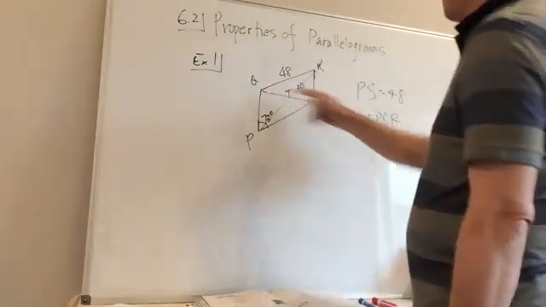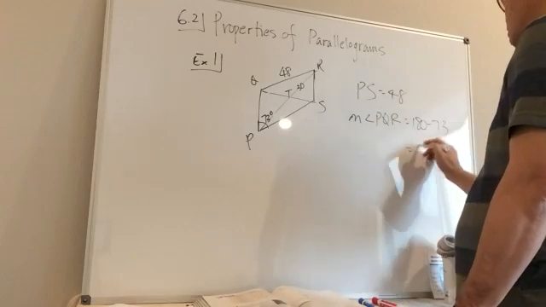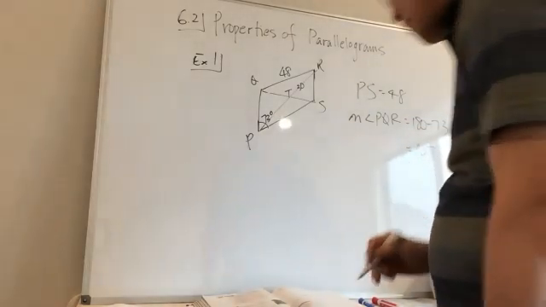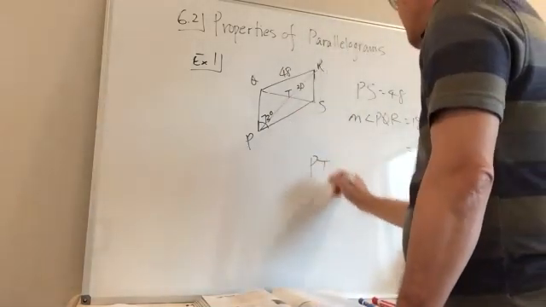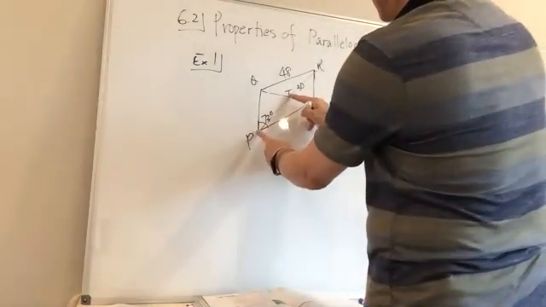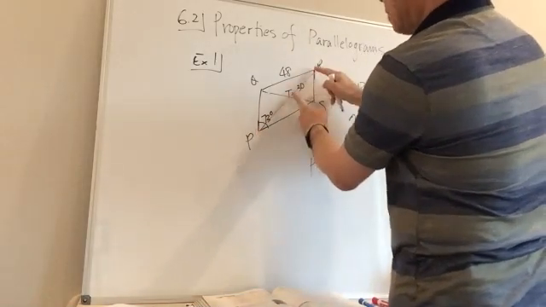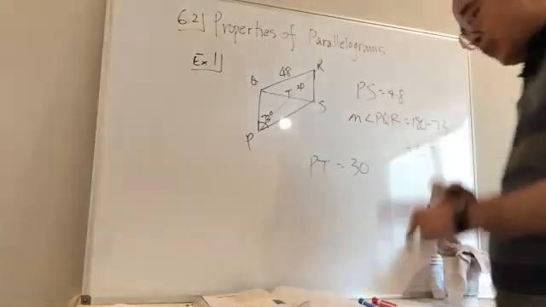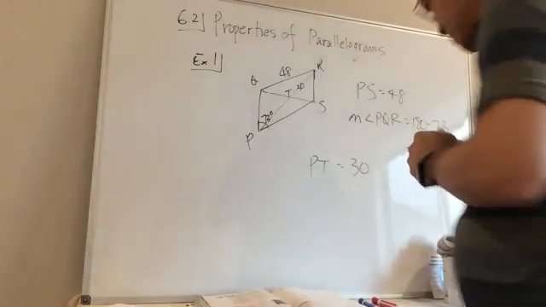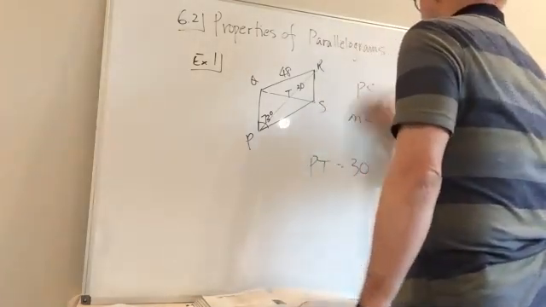So PQR is going to be 180 minus 73, which is 107. Now they want us to find PT. PT is this guy, which is the same as this guy because it's a diagonal and they bisect each other. So PT would be 30. Okay, pretty simple. That's example number 1.